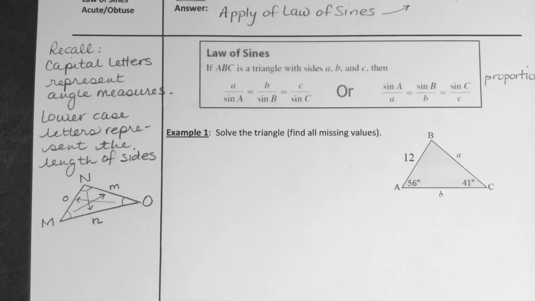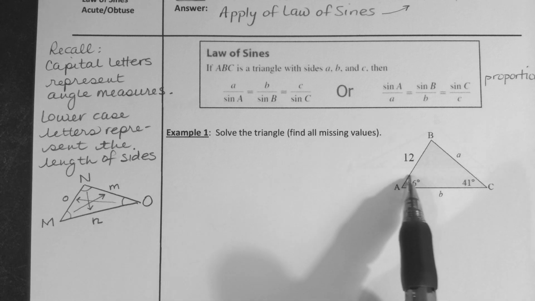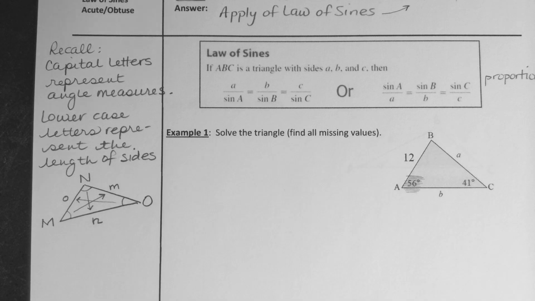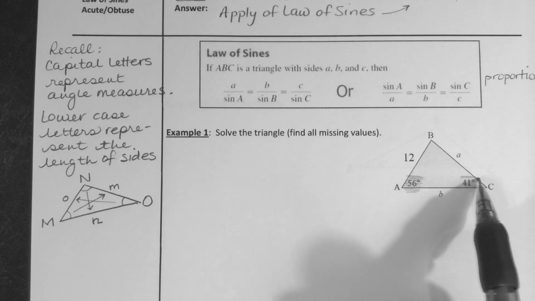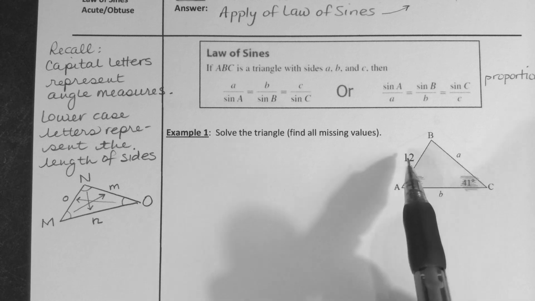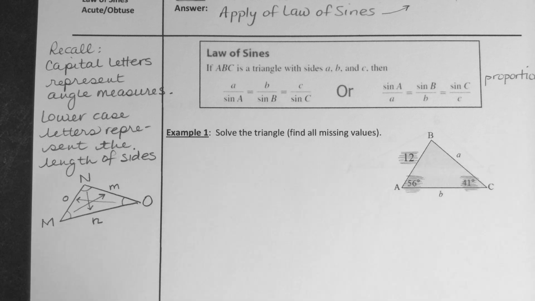In example 1, a sketch is already provided for us, so let's dive into this problem. I'm going to use my pencil here to highlight since I have it on grayscale on my recording. I've been given this measurement, this measurement, and this measurement. But what exactly am I measuring?